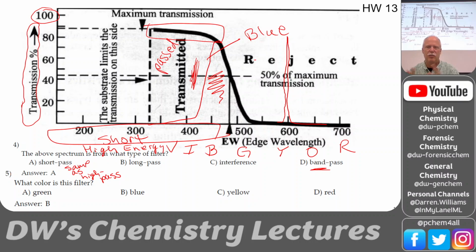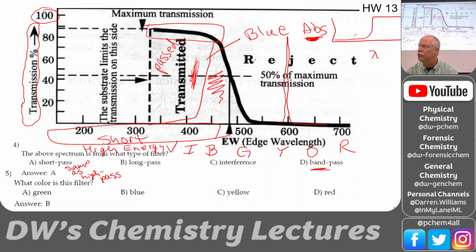But you always work with the axes first. Find out what's being plotted. Let's say it was absorption, so we're plotting absorbance and wavelength. Okay, it would have very low absorbance down here in the short end, and then it would jump up like that. And so here in this case, because we're dealing with absorbance, we're absorbing the long wavelengths.